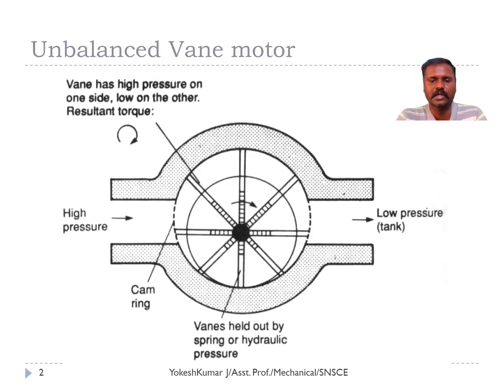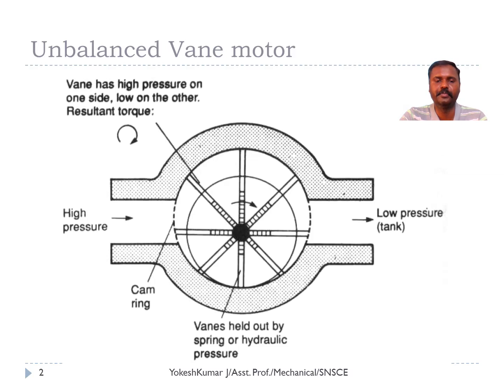If it is spring-loaded, it acts like a blade and keeps on touching the surface of the cam ring. The vanes are attached to the rotor, and at the center of the rotor we have a shaft from which we can extract the mechanical power.